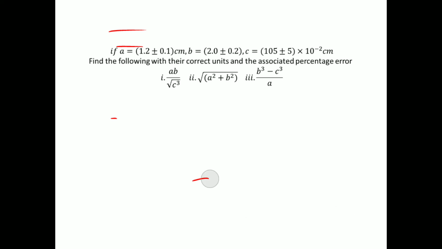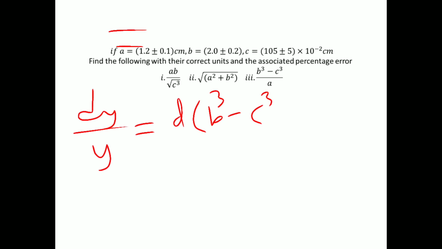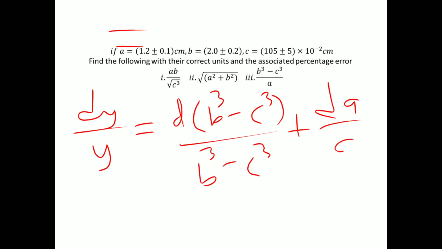then we can multiply. So from what I can see there, we can say that dy over y is equal to change in b cube minus c cube all over b cube minus c cube, then plus as the numerator, then change in a over a, that's error in a over a.